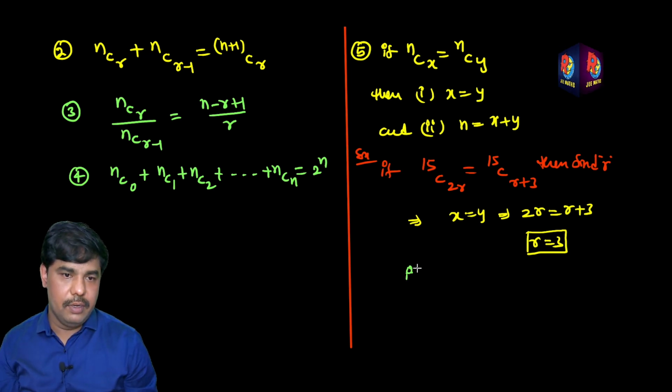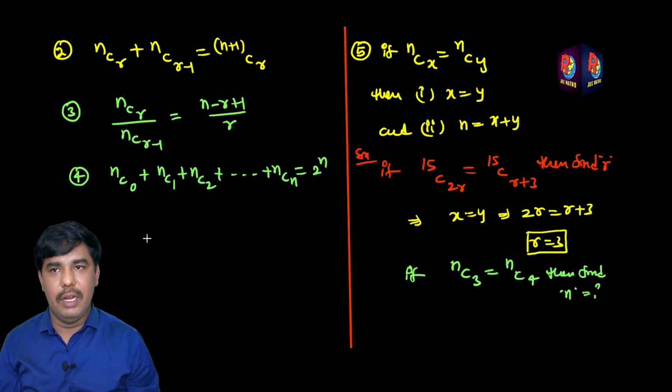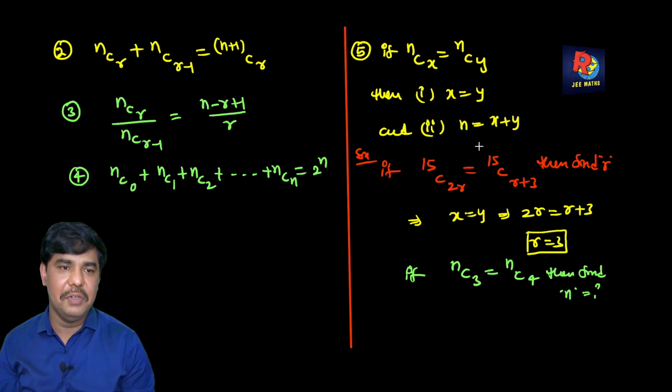One more example. If NC3 equals NC4, then find the n value. Here x is not equal to y, that you need to remember.